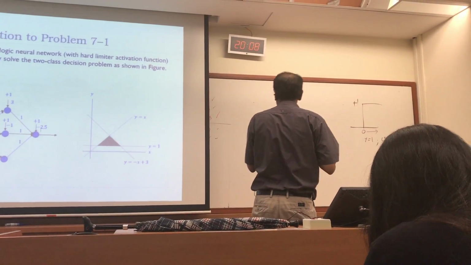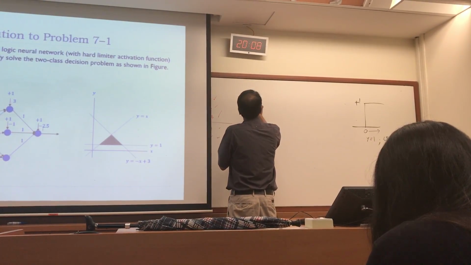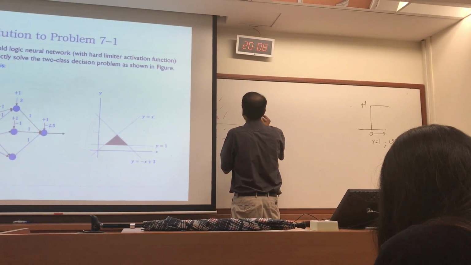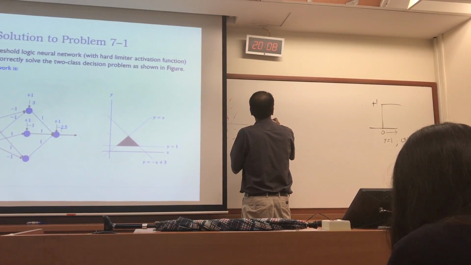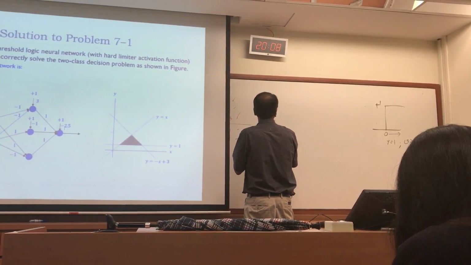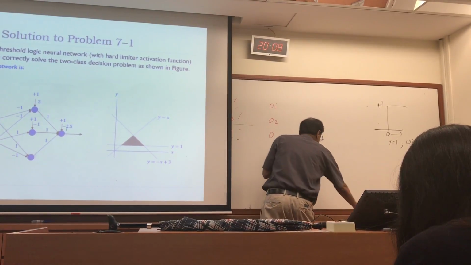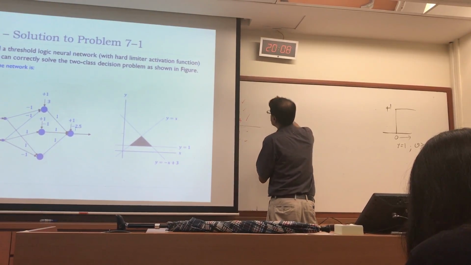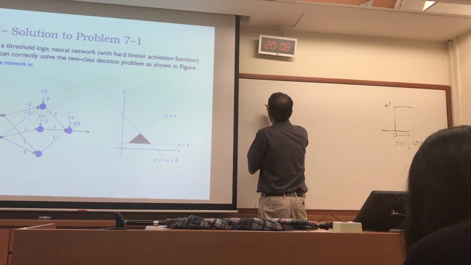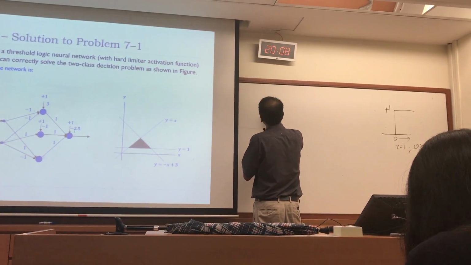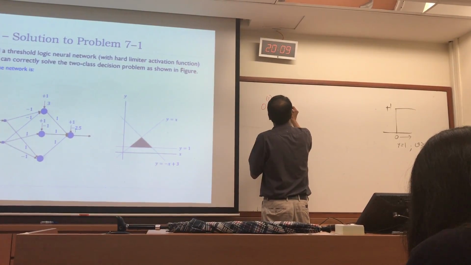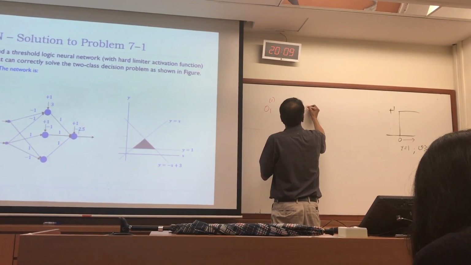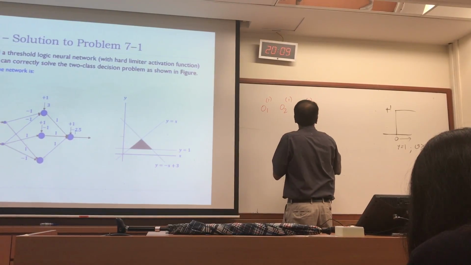So let me calculate the output of neuron 1. Output of neuron 2. Output of the first neuron in the first layer. Output of neuron 2 in the first layer. Output of neuron 3 in the first layer.